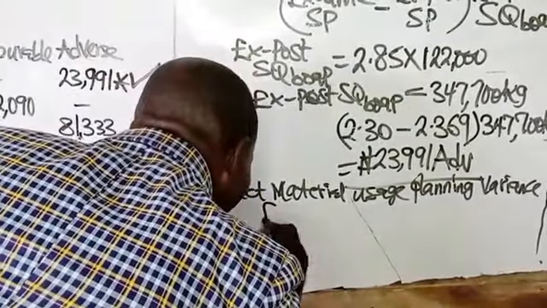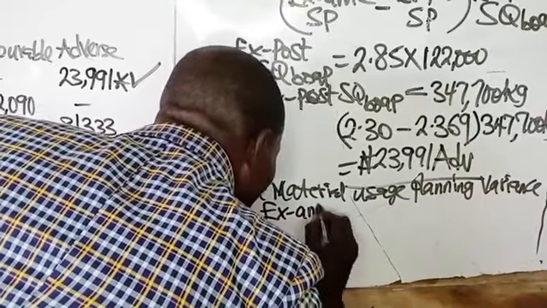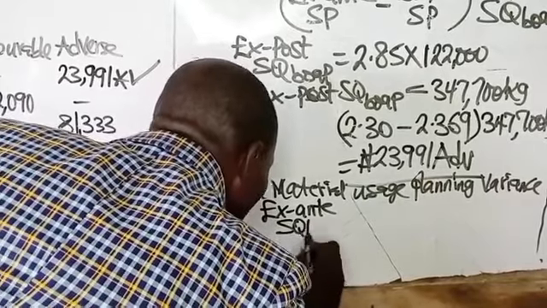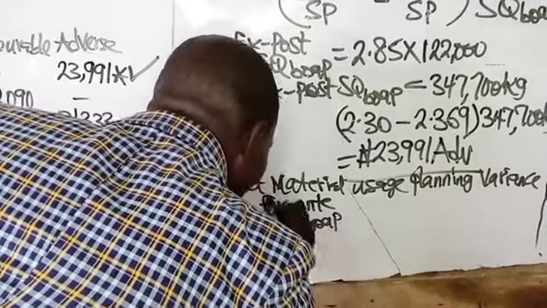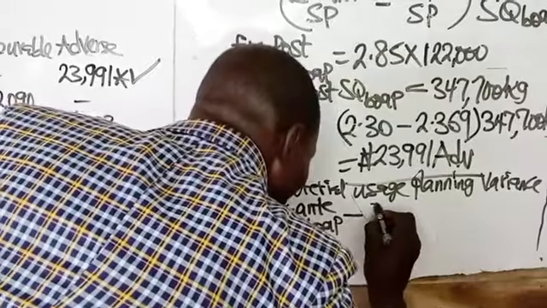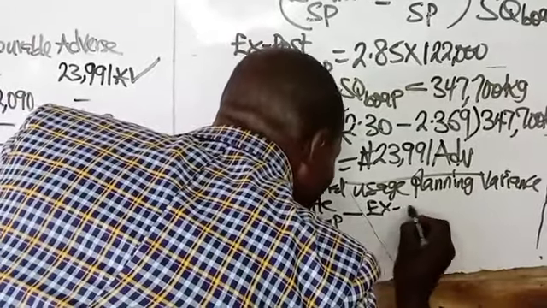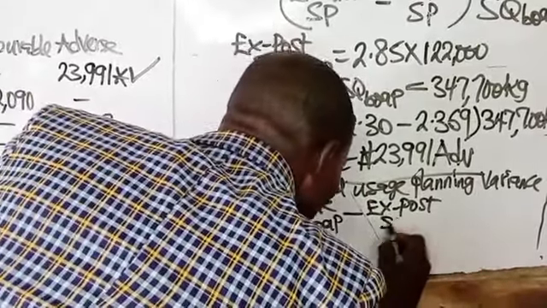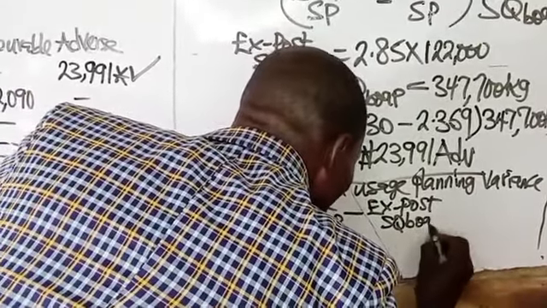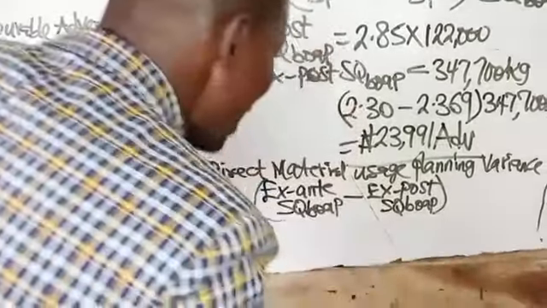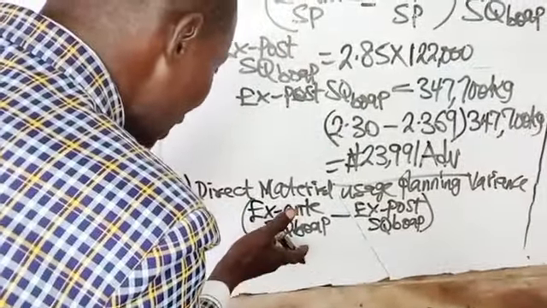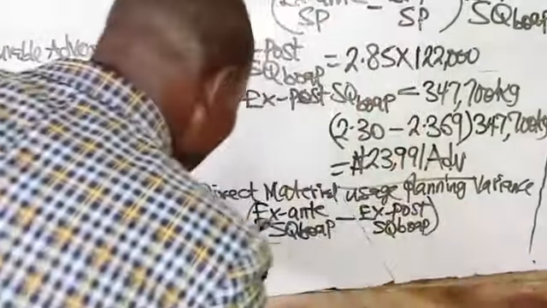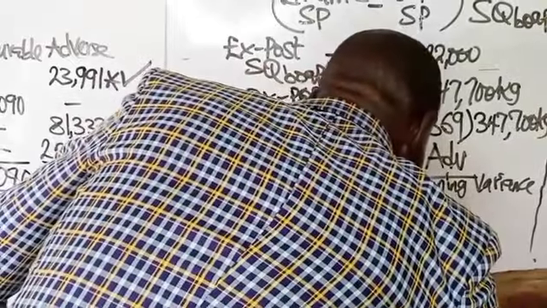Therefore, you have ex ante. No, it is quantity we want to compare. So ex ante standard quantity based on actual production minus ex post standard quantity based on actual production, multiplied by, for quantity, this determines the weight, and what you have here is ex ante standard price.